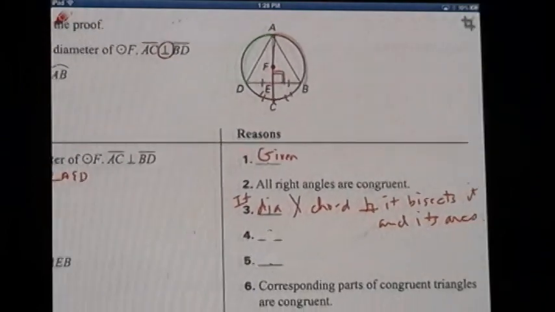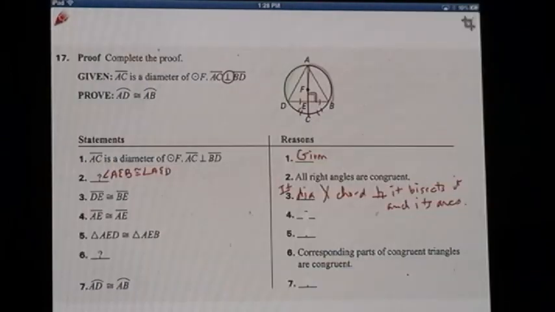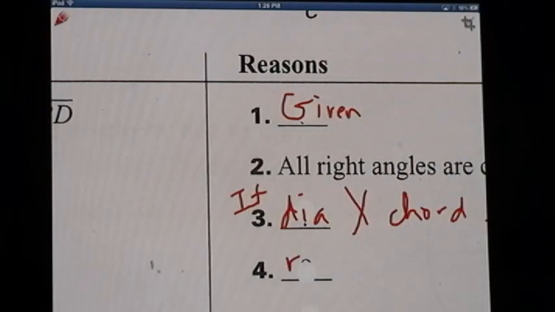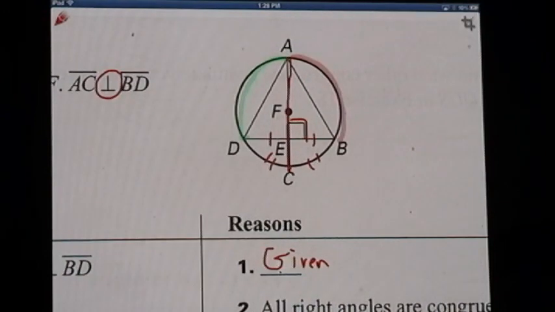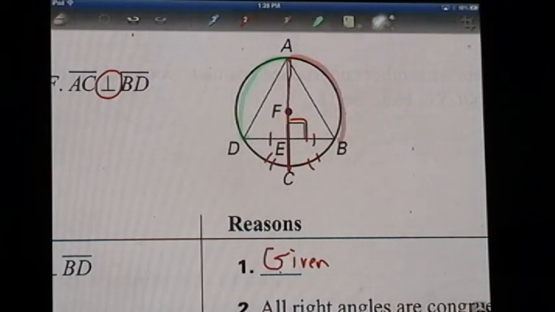Okay. So number 4 says AE is congruent to AE. Well, that one's pretty easy. Reflexive. Then triangle AED is congruent to AEB. How do we do that? Let me erase this stuff.